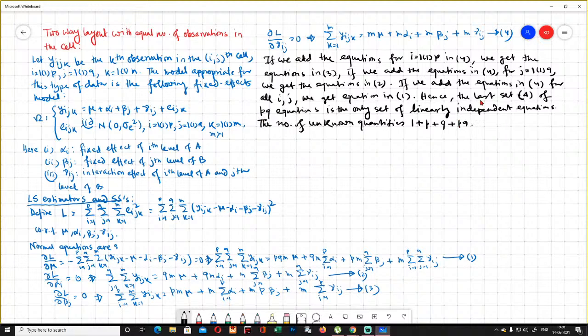So we need some additional restrictions to get a solution.